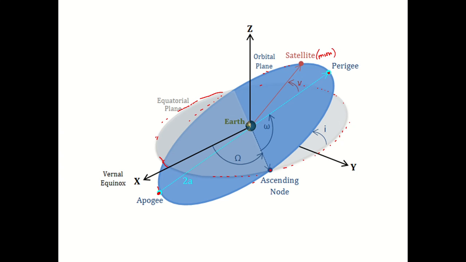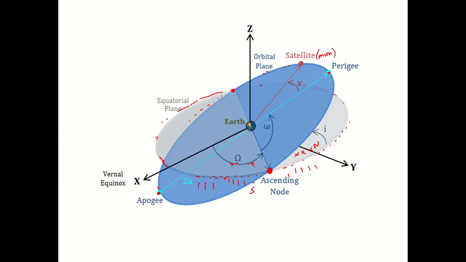And this point is represented by the ascending node, which is the angular position at which the moon passes from the southern side of the reference plane to the northern side of the reference plane. This is the reference plane, and these are the southern part and these are the northern part of the reference plane.